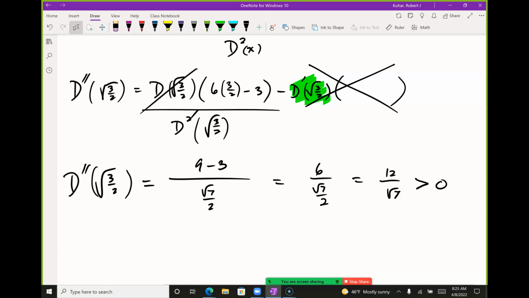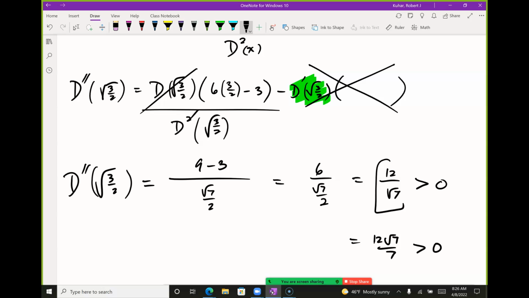Is there a way to bring out the square root to the outside? No. You're thinking of a log function. I was just thinking you could unsquare root the 12 and then put the square root on the outside. You can rationalize it, you get 12 rad 7/7, but still positive.